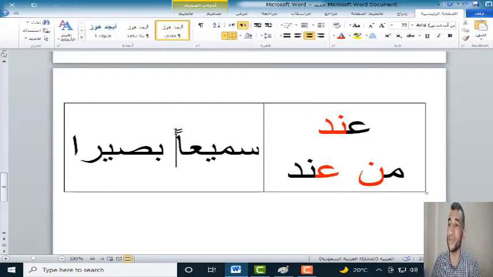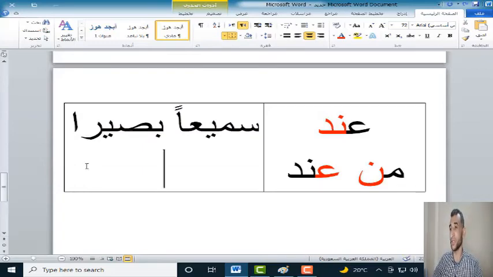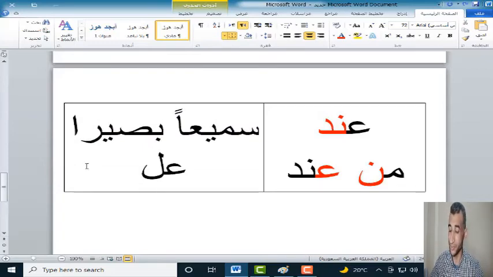So the nun of the tanween is at the end of the first word, and the letter ba, the letter of iqlab, is the first letter of the second word. So the nun of tanween and the letter after it come only between two words.